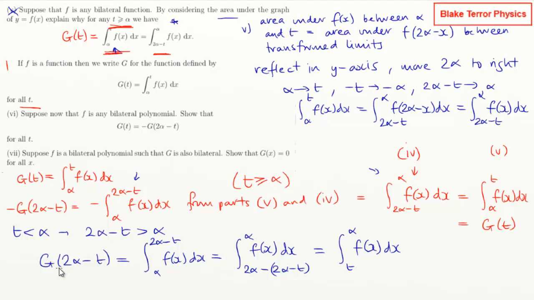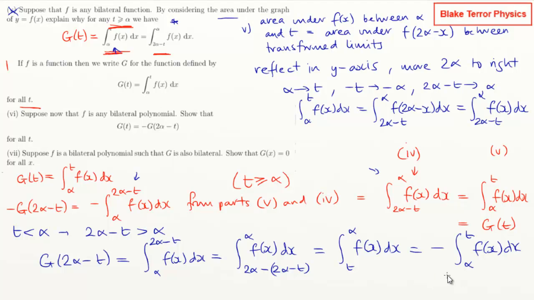What am I trying to show? I've shown that g of 2 alpha minus t is equal to g of t, haven't I? Oh no, because the limits are still the wrong way around. Which is equal to minus the integral from alpha to t of f of x dx.